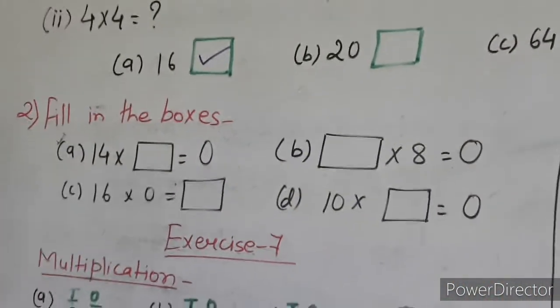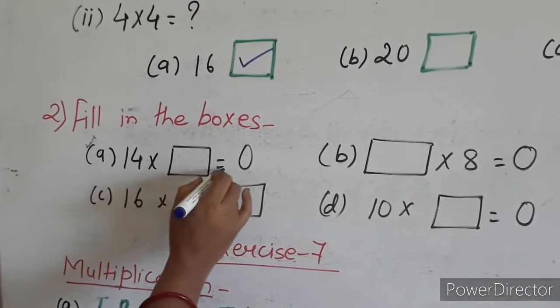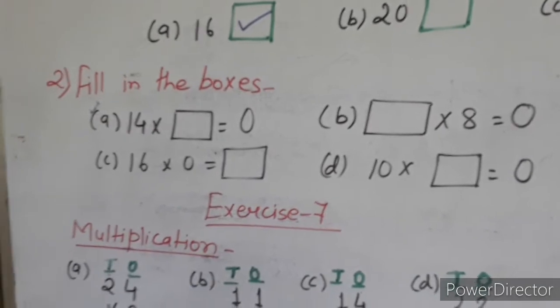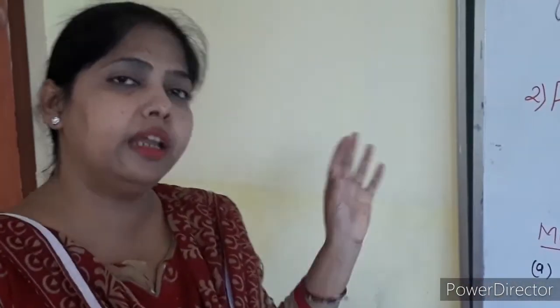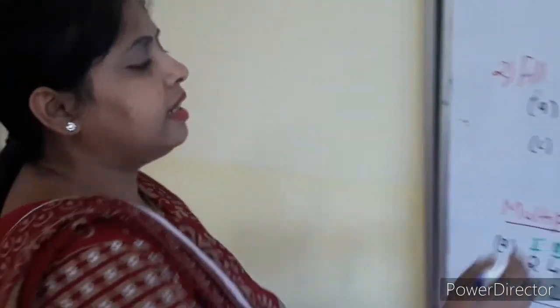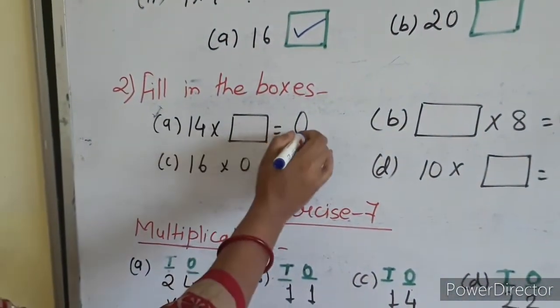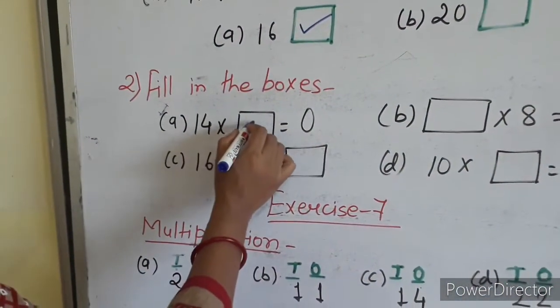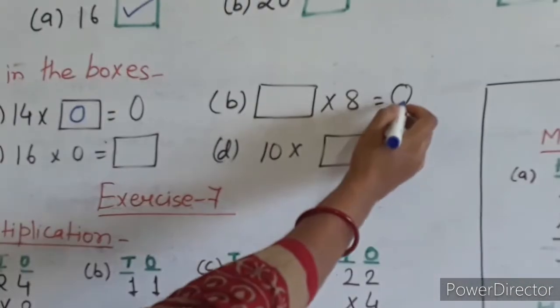Fill in the boxes. A, 14 into dash equal to 0. Students, I have already explained that in multiplication, if you multiply any number with 0, the answer will be 0. So here the answer is 0. We have to write the number so that the answer will be 0. Yes, we have to put the 0. Then in question B, here also the answer is 0.